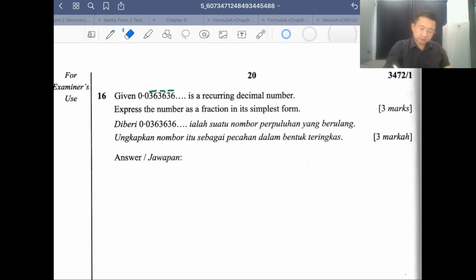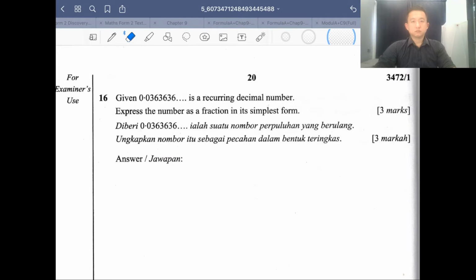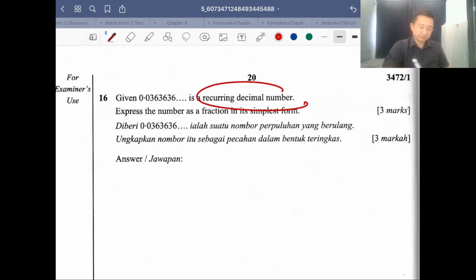16. Let's have a look. Given that 0.0363636 is a recurring decimal number, when you have a recurring decimal number, you know S infinity equals to a over 1 minus r.